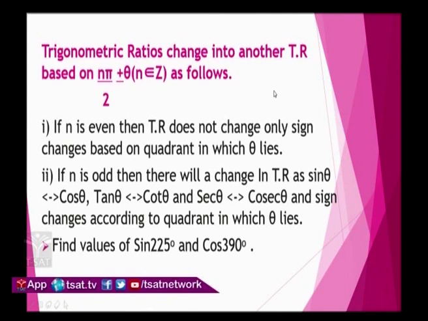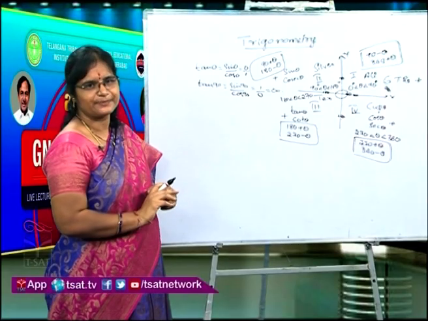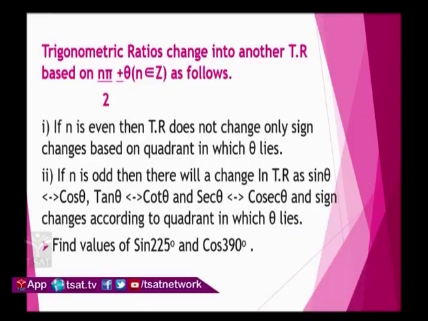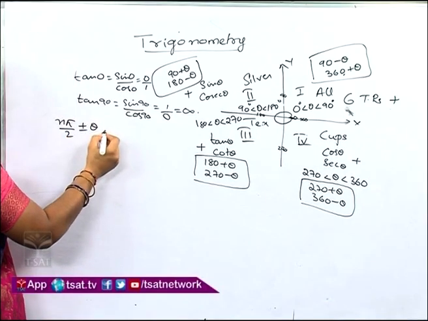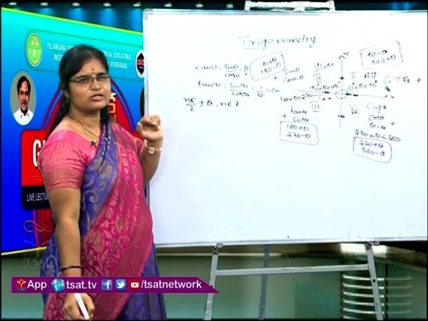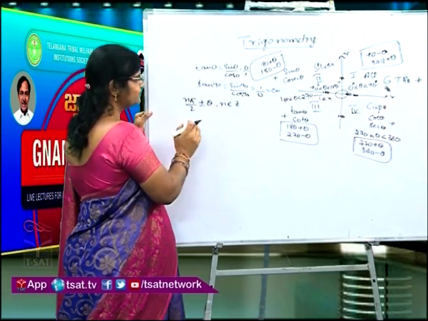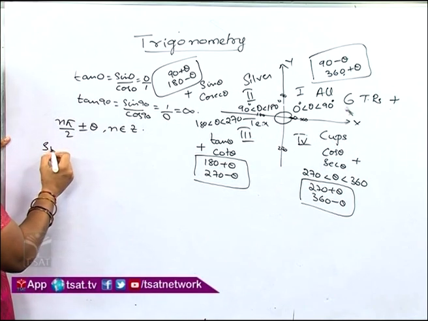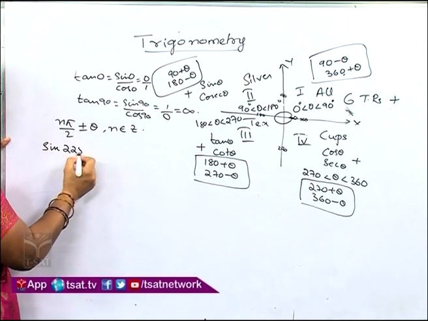Next, now we will see some examples, then you will understand better how the trigonometric ratios change into another trigonometric ratio based on n pi by 2 plus or minus theta, where n belongs to Z. Z means integers here. Okay children. Now I will take one example, sine 225.